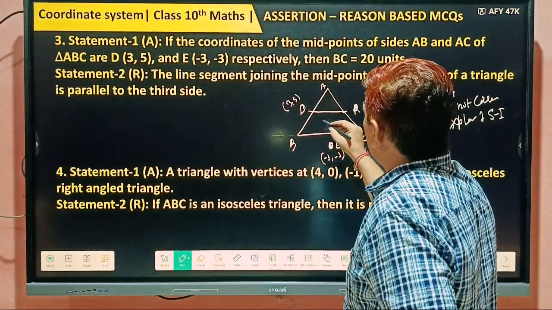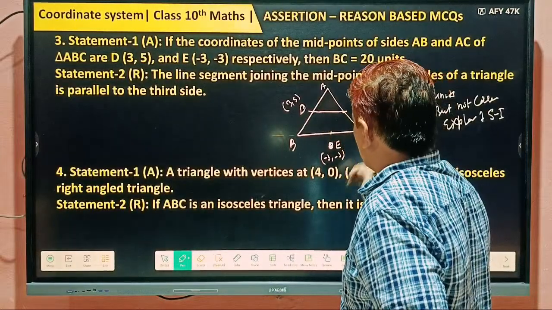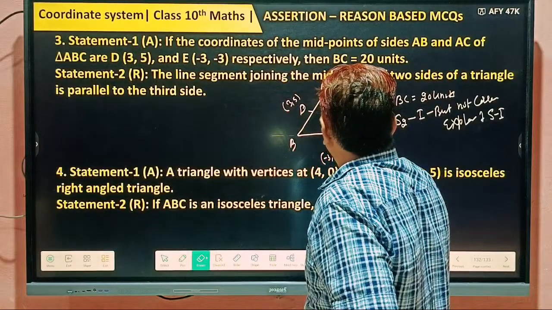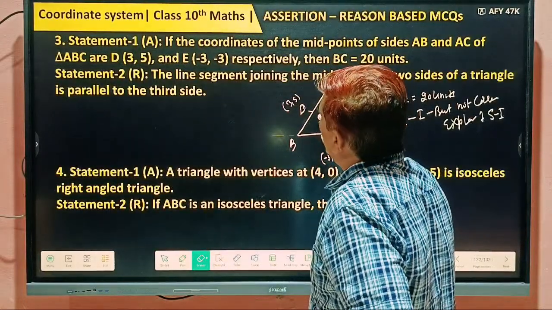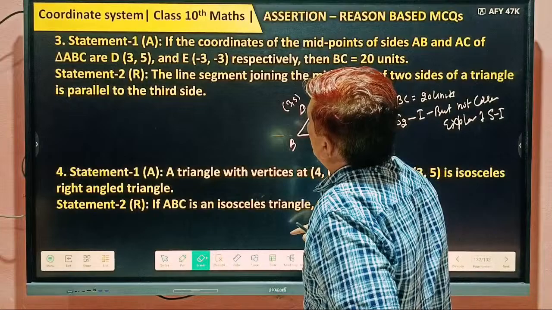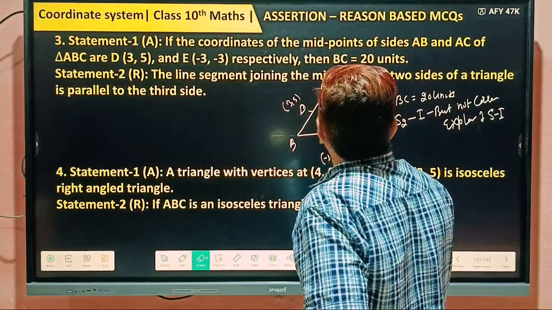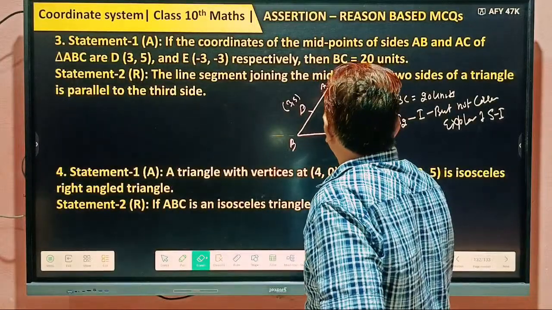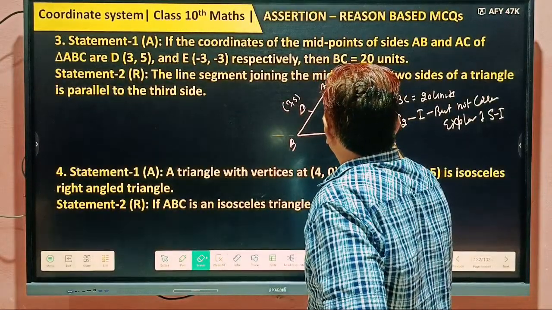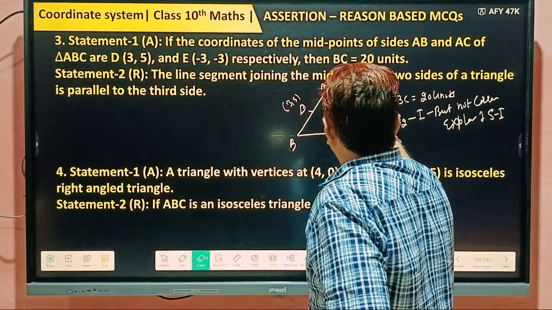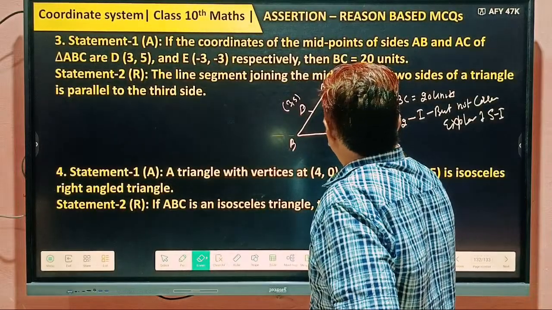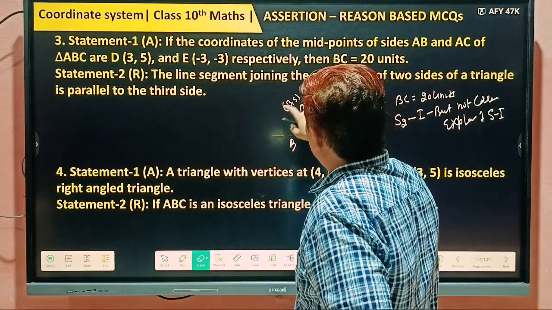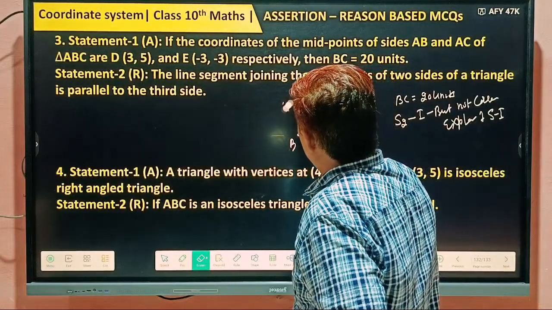I wrote something wrong, so I want to explain once again. This may be the correct explanation of it.